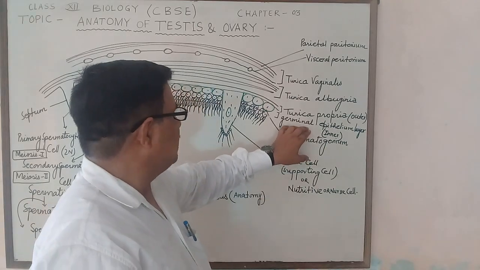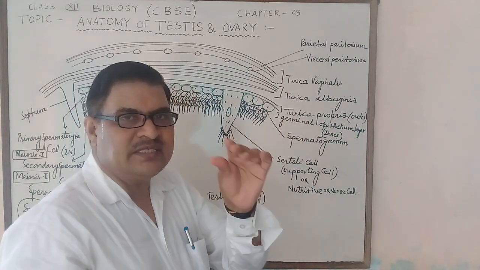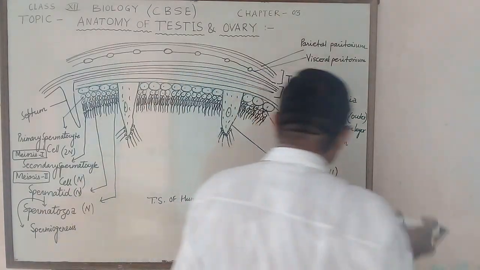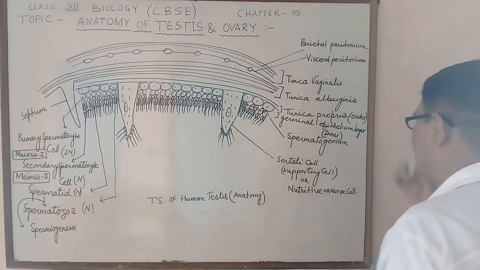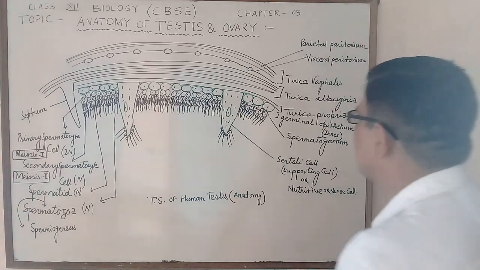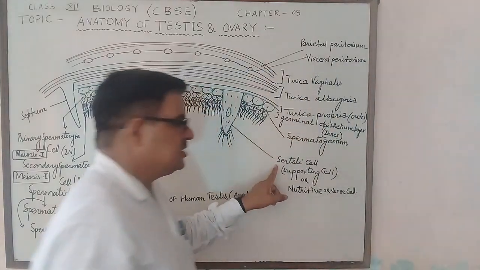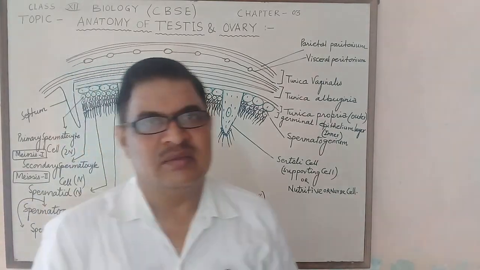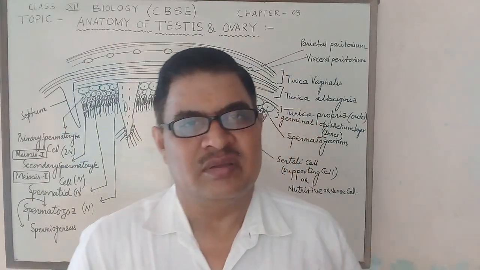The germinal epithelium has small-sized spherical cells called spermatogonium. Spermatogonium is smaller than the Sertoli cell, but Sertoli cells are fewer in number.